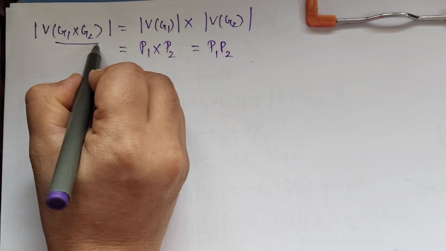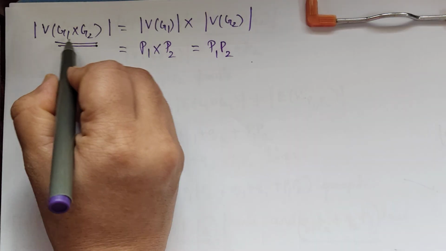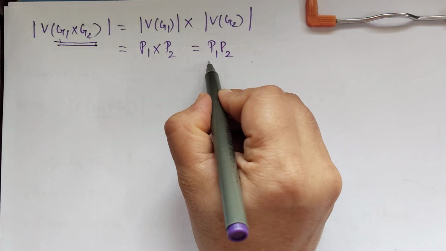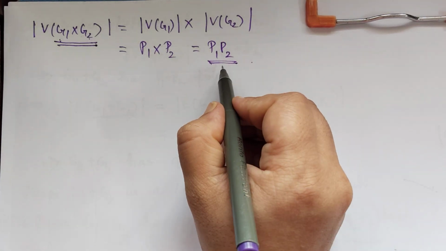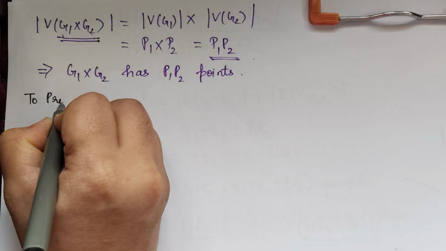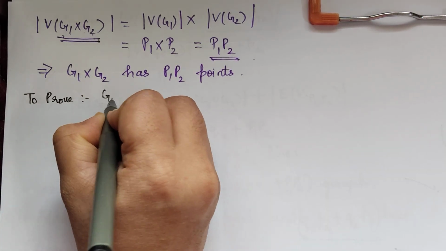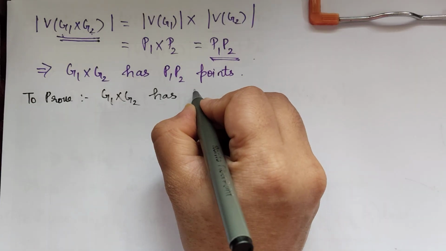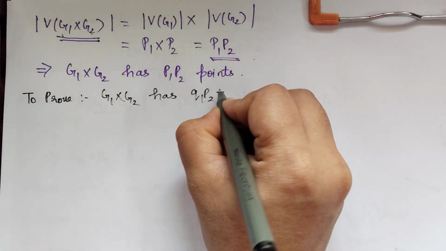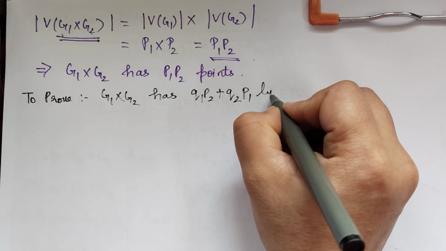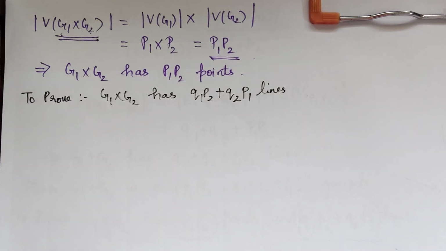Therefore we have proved that the product of g1 and g2 has p1 p2 points. So this is done. Next we have to prove that g1 cross g2 has q1 p2 plus q2 p1 lines. So this is what we have to prove next.